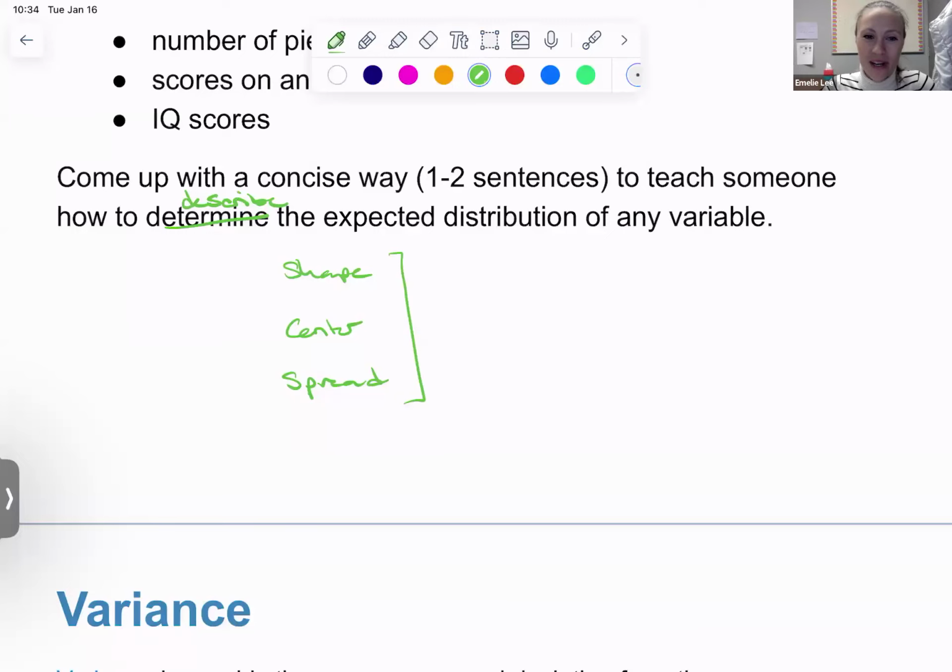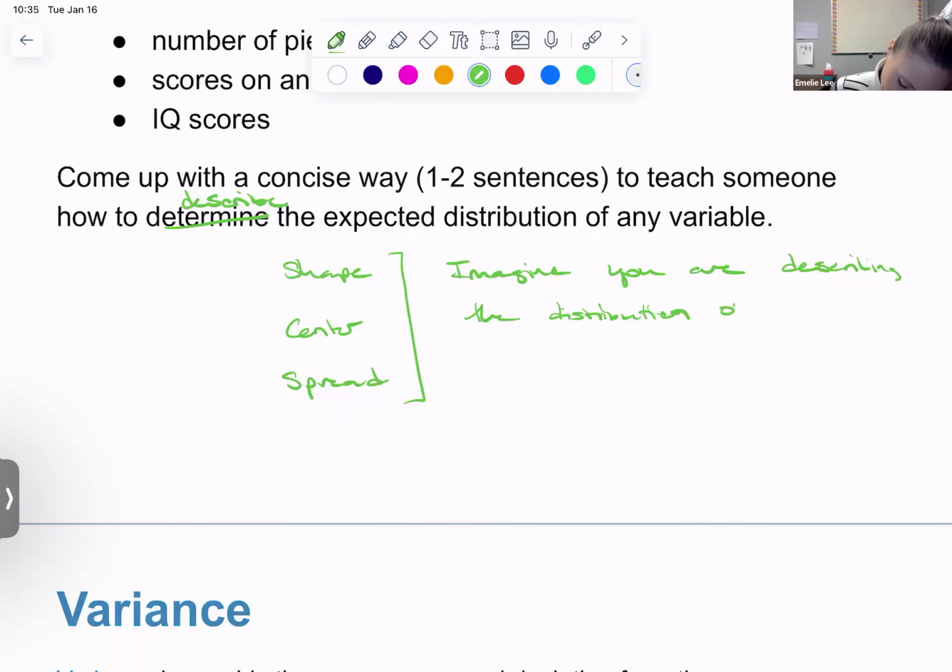On test 1, I'm going to ask you to describe the distribution. And of course, that's something that we need to be able to do. And so here, imagine you are describing the distribution over the phone.